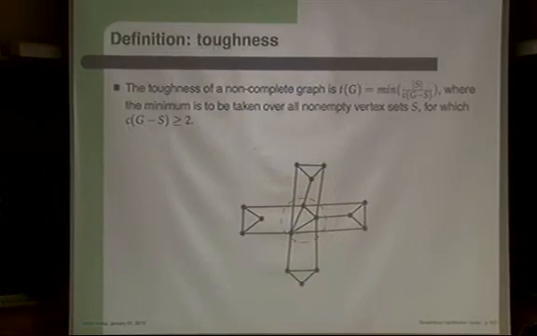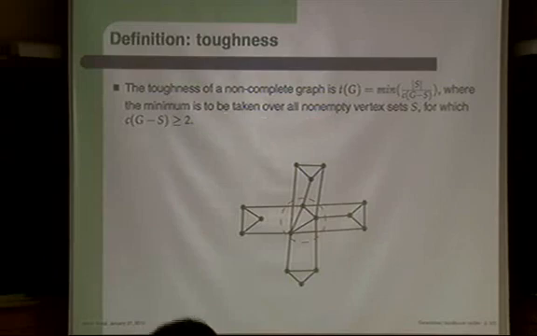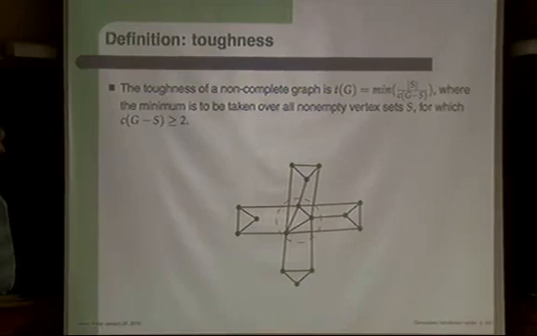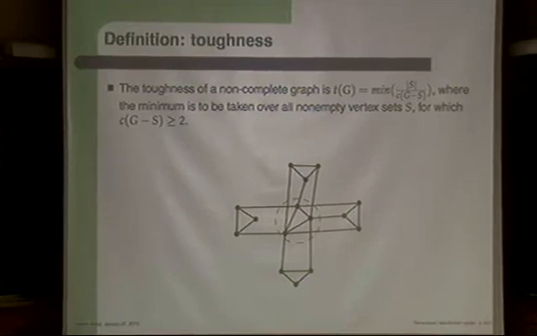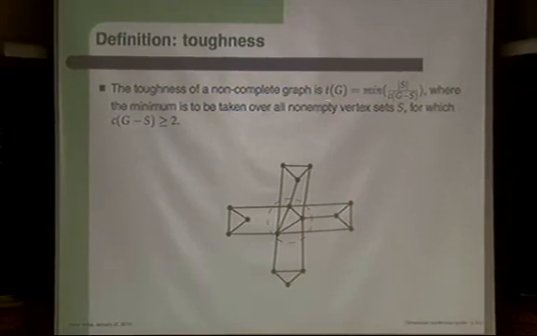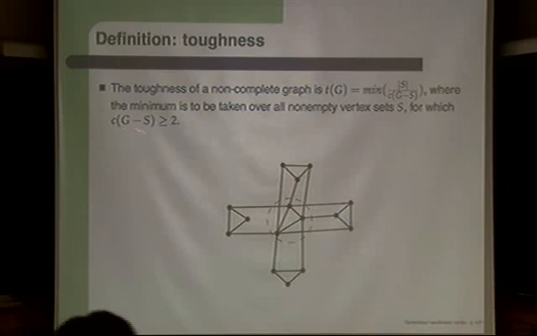And the last definition I promised is the definition of toughness. Toughness is defined as the minimum of a fraction, where up here you have the size of a set, and down here you have the number of components you get when you remove such a set from the graph. You take the minimum over all possible non-empty subsets for which you get at least 2 components.